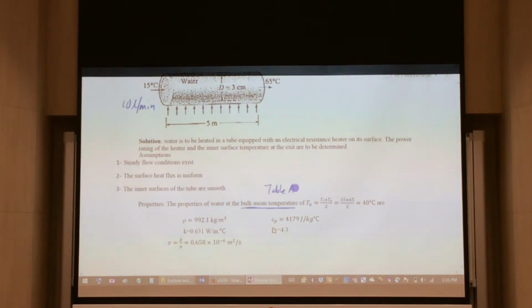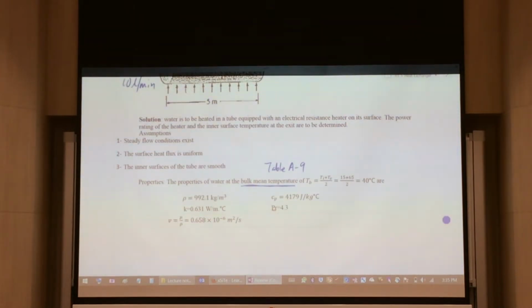A here refers to the appendix, so A9 is your fluid properties for water. Various textbooks would have slightly different numbers, so if you refer to Holman, you may not have all these numbers exactly. It doesn't matter. I'll be using the numbers that are provided with this table.